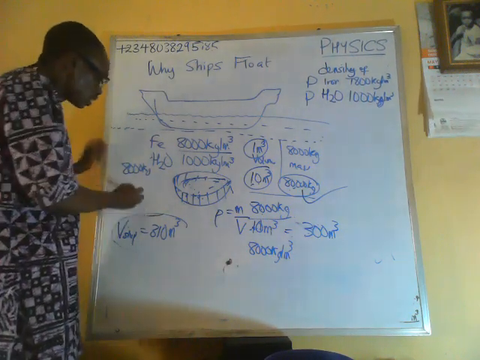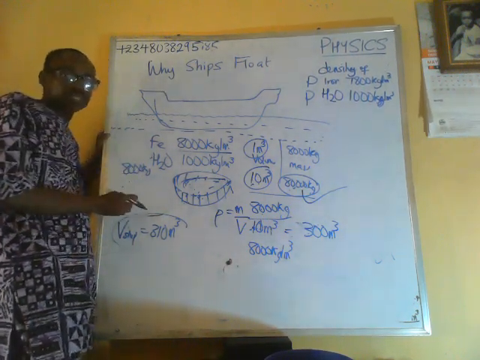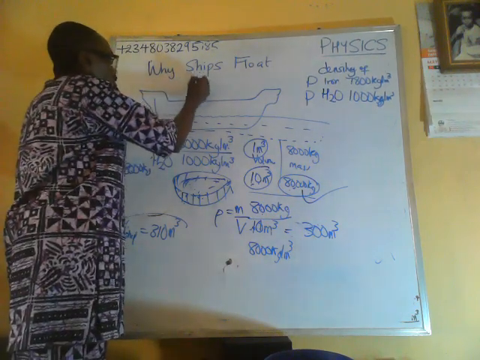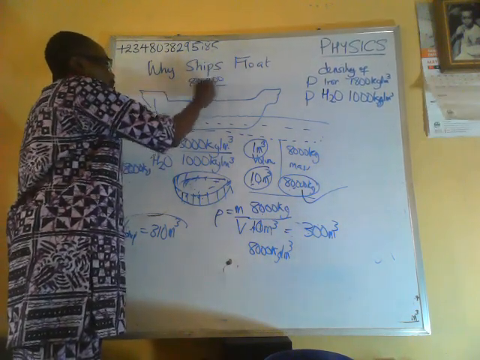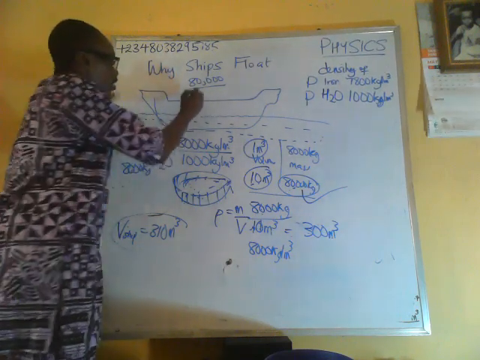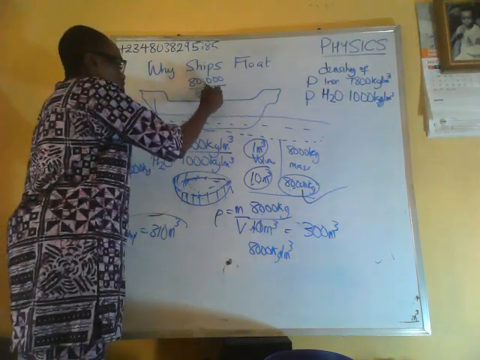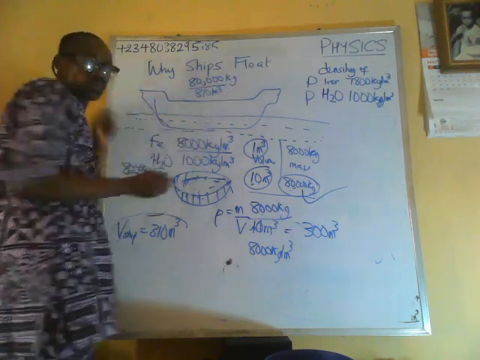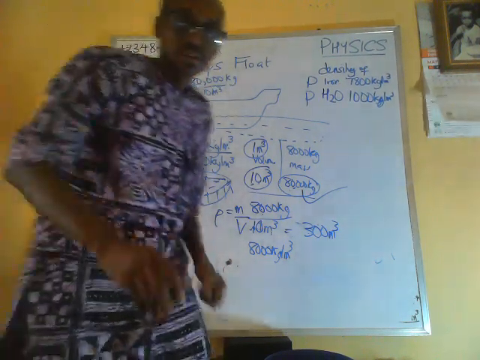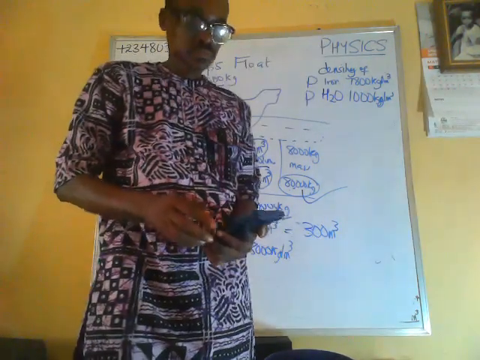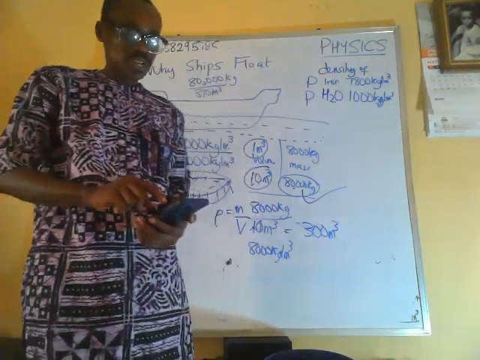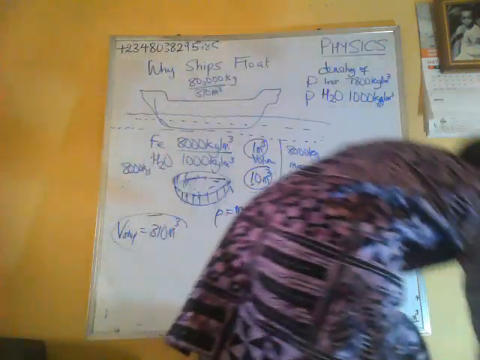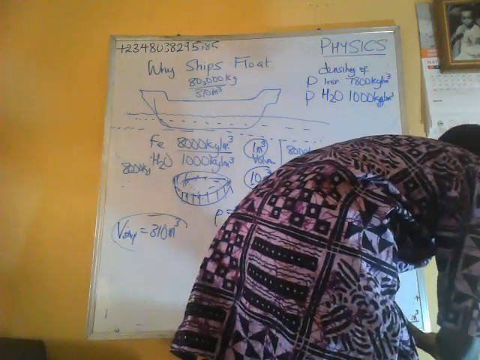So now let's get the average density of the ship: 80,000 divided by the volume of the ship, which is 310 cubic meters. Let me get my calculator. 80,000 divided by 310 is approximately 258.